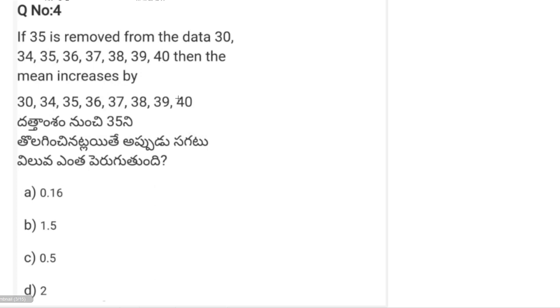Next problem. If 35 is removed from the data 30, 34, 35, 36, 37, 38, 39, 40, then the mean is increased by. Here the data values are 30, 34, 35, 36, 37, 38, 39 and 40. First let us find out the mean of these values.